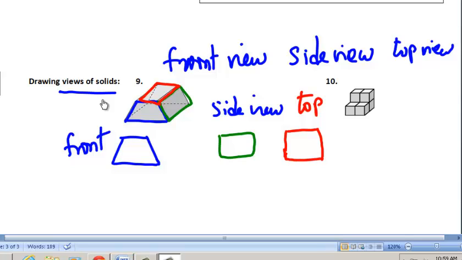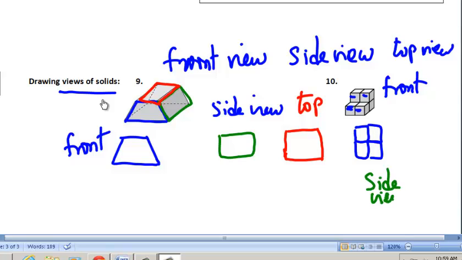Same thing with the cubes. What's the front view? When I look at the front, I see this, this, this, and this. So I see 4 squares like that. So that's the front view. What is the side view? When I look at it from the side, I see this square and that square.